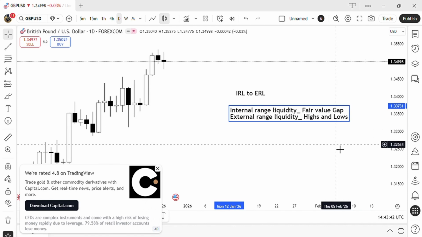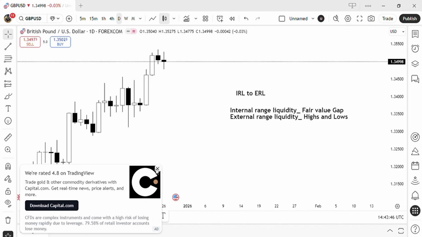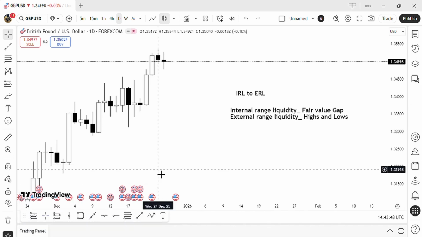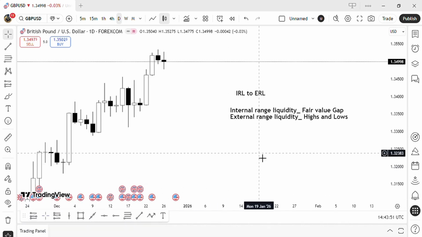Okay, how do you determine your directional bias using these two concepts? Now this is what ICT says concerning this. It says price often moves from the internal range liquidity to the external range liquidity.